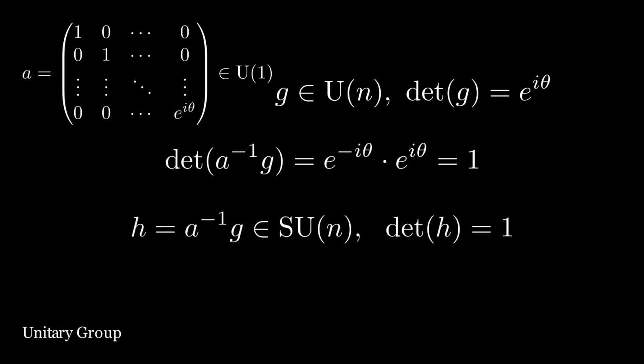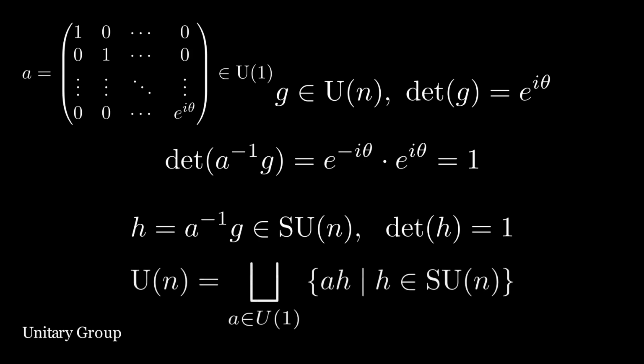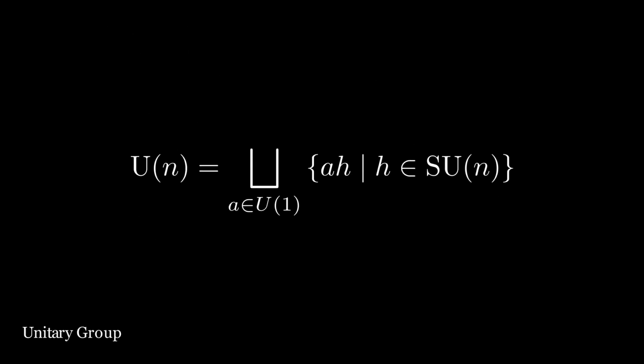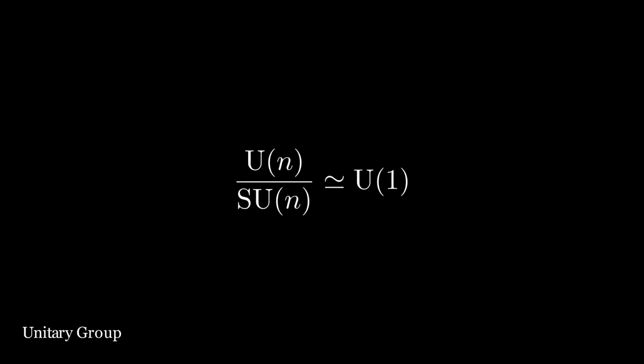Which means this product is an element H of SUN. Therefore, for any element G in UN, there exists an element H in SUN such that G equals AH. This result is expressed as UN modulo SUN is isomorphic to U1.